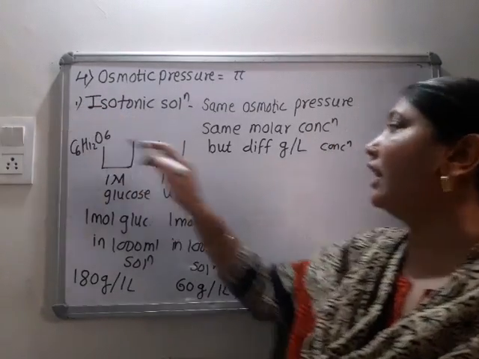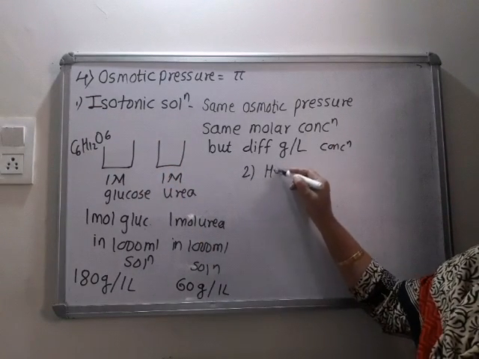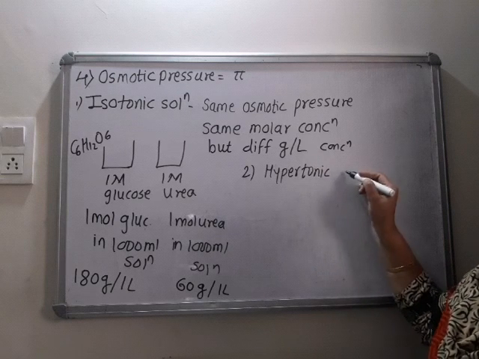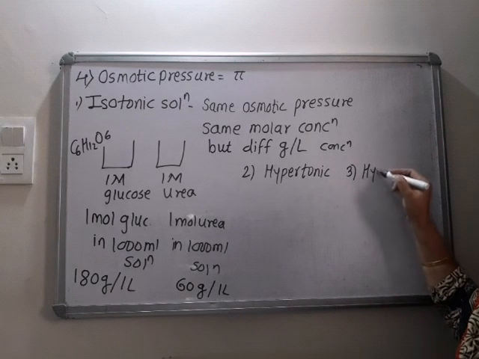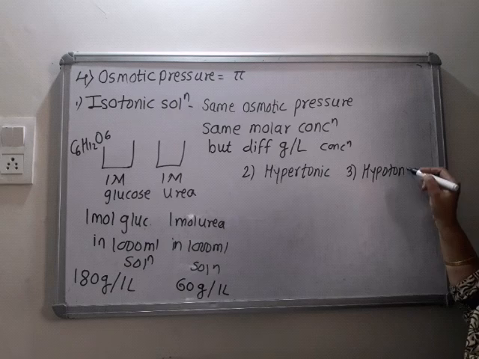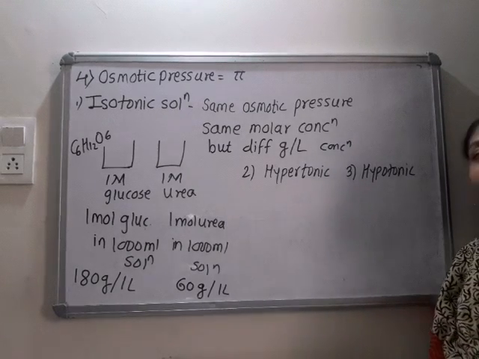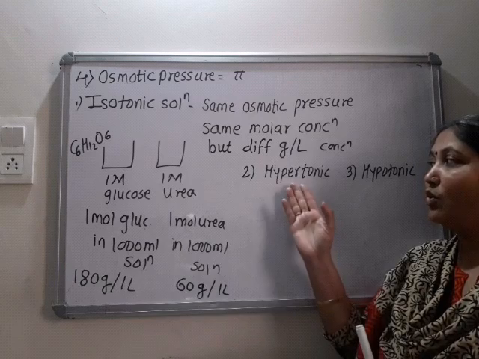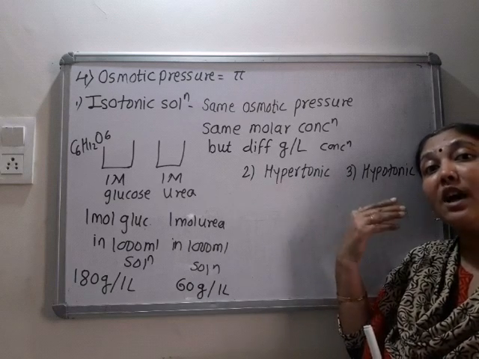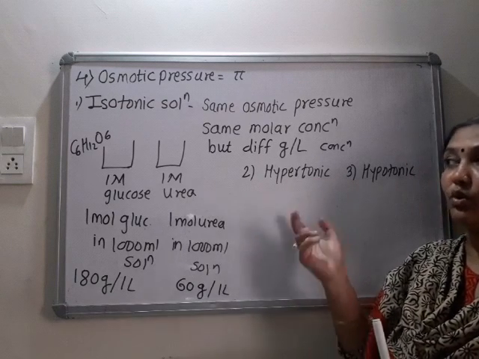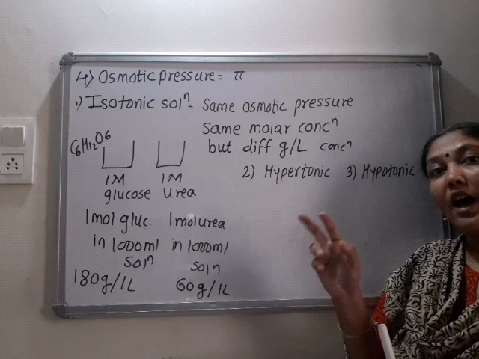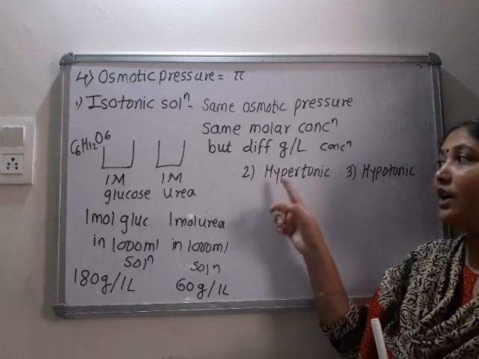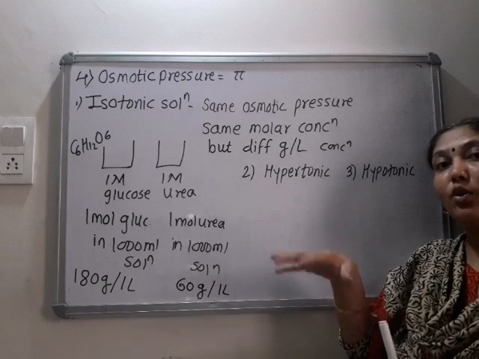Second they have given, that is hypertonic solution, and the other one is hypotonic solution. Hypertonic and hypotonic. We always say, hyper means higher. So hypertonic solution means higher osmotic pressure. So of two solutions, the one having higher molar concentration, or higher osmotic pressure, is said to be hypertonic solution.